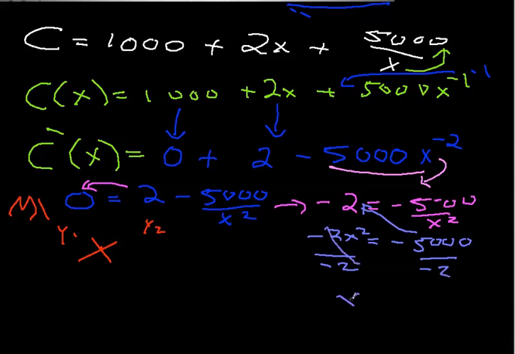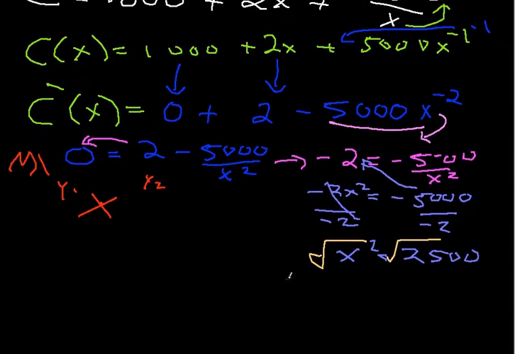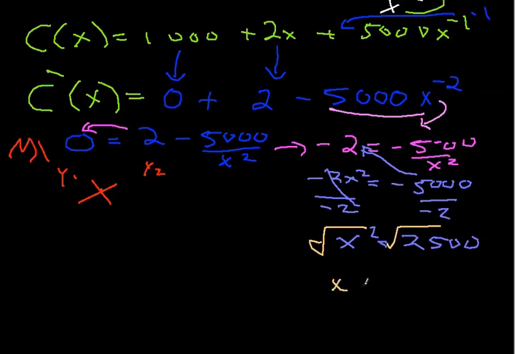That cancels out, so I get x squared is equal to minus 5,000 divided by -2, which is 2,500. And now we take the square root of each side. If you take the square root of 2,500, you should get 50. So x is equal to 50, and I believe that's the answer in the textbook.